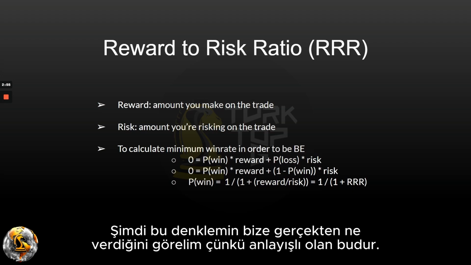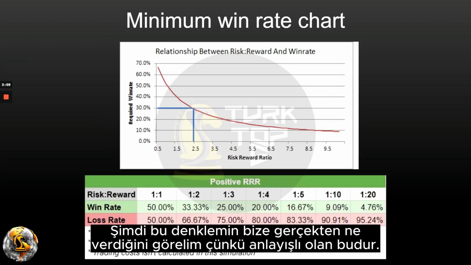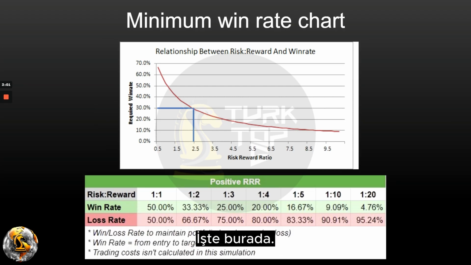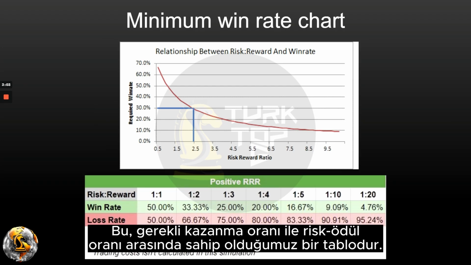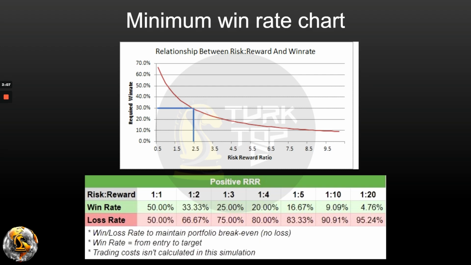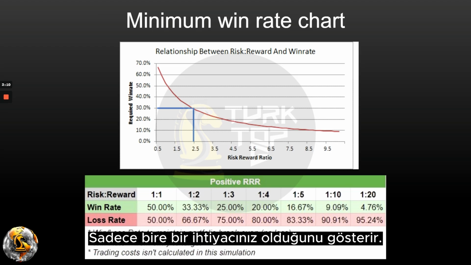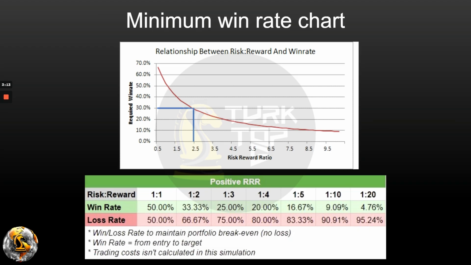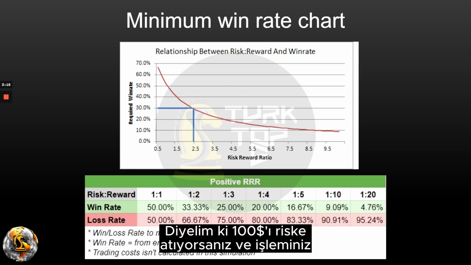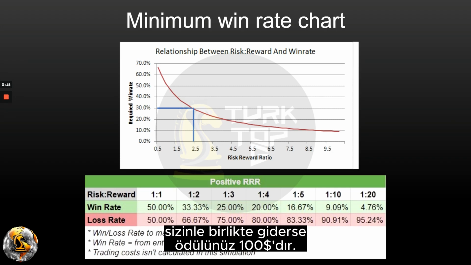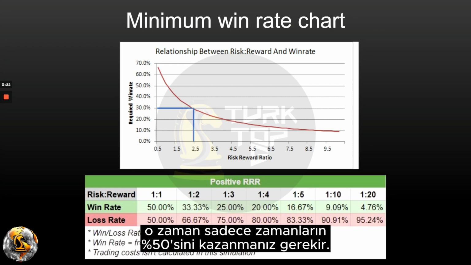Now let's see what this equation really gives us, because that's what's insightful. Here it is. This is the chart we have between the required win rate and the risk to reward ratio. It shows that you only need 1 to 1. So let's say you're risking $100 and your reward, if your trade goes with you, is $100, then you only need to win 50% of the time.